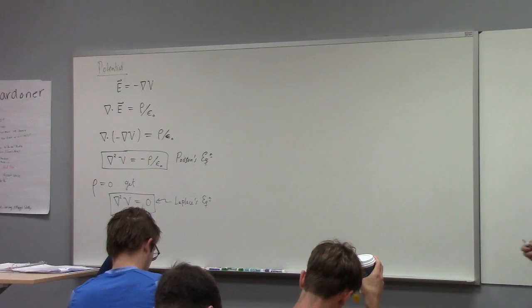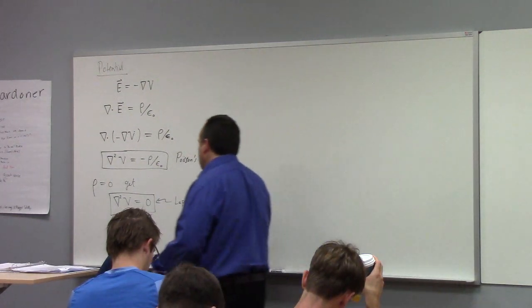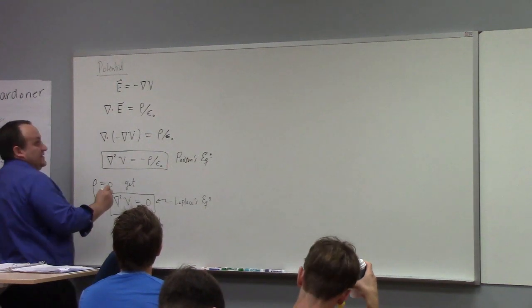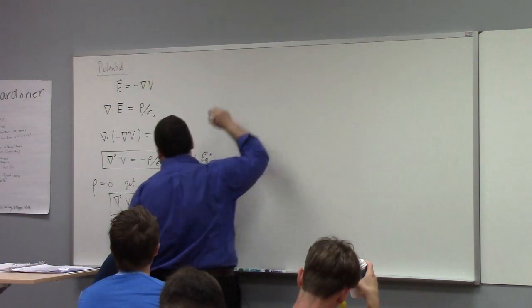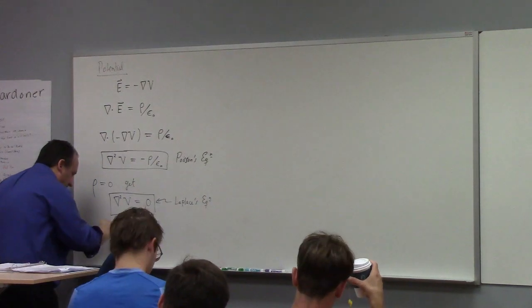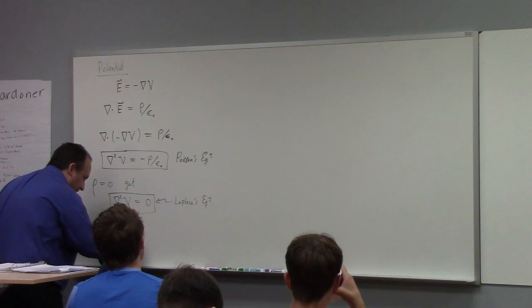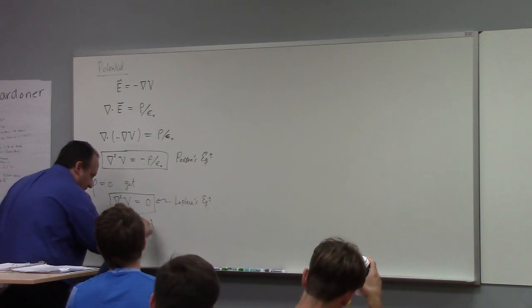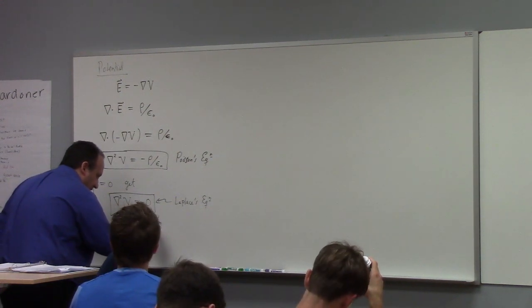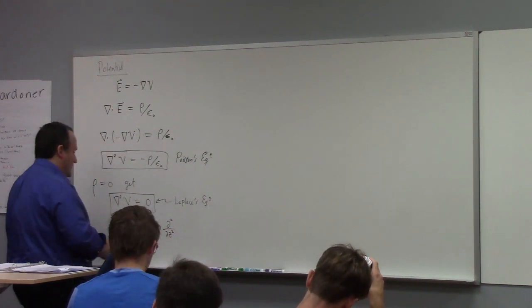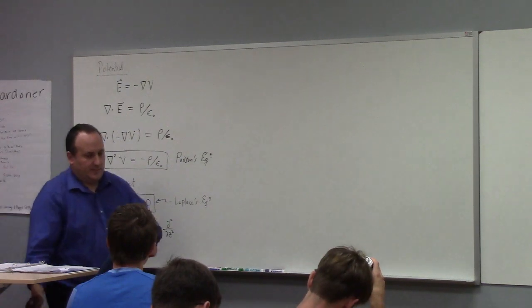When you work it out in coordinates, the Laplacian, this nabla squared, is a differential operator. It looks like this: nabla squared is partial x squared plus partial y squared, and if we're in 3D, and I guess we are, plus partial z squared. This is the Laplace operator.